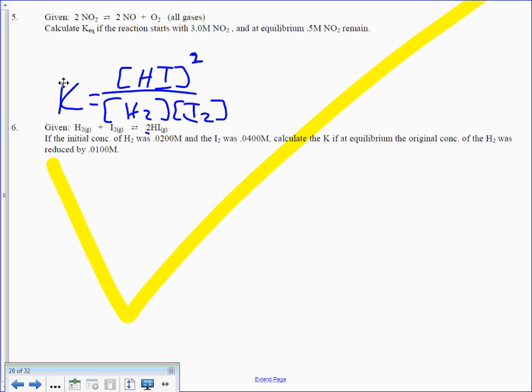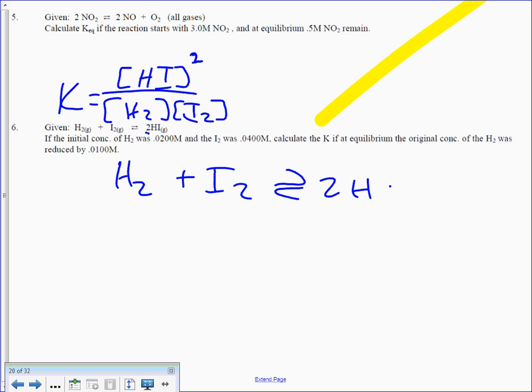ICE is set up by writing out your BCE again, because it's just easier to work with. Then your initials were given: hydrogen concentration 0.020 molar, and the iodine 0.040 molar. Calculate the K if the original concentration of H2 was reduced by 0.01.